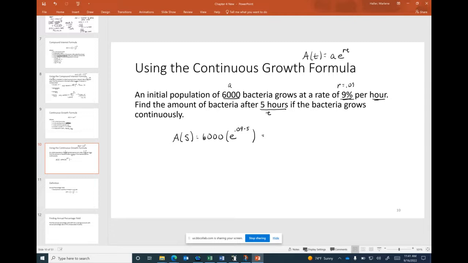My exponent is going to be 0.09 times 5, and I find that after 5 hours, the 6,000 bacteria has grown to 9,409.87 and more. But I don't care about these decimals because I can't have a portion of a bacteria. So I'm just going to say I only have 9,409 full bacteria at exactly 5 hours.